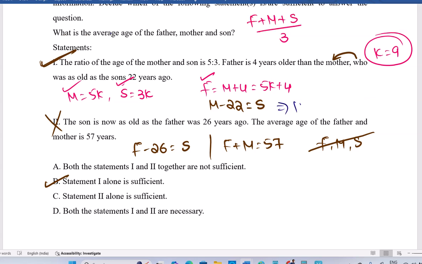When you know the k value 11, the mother, son and father can all be obtained. One alone is damn sure. The statement mentions the mother: the mother was as old as the son 22 years ago. It is related to the mother only.